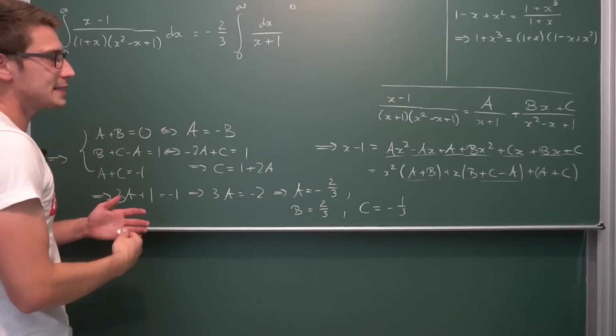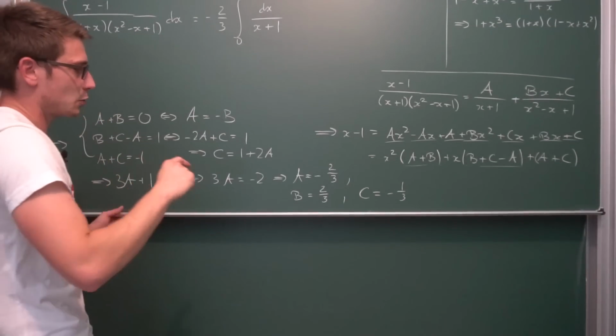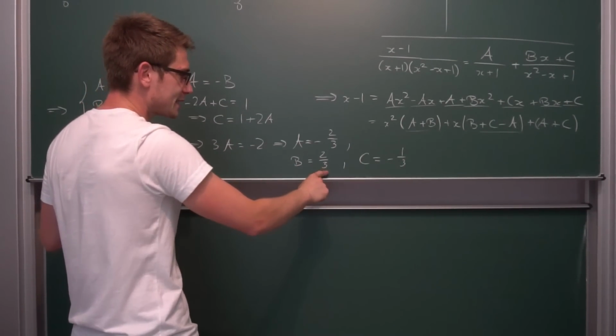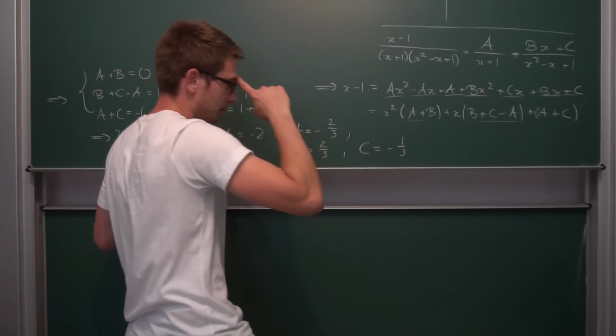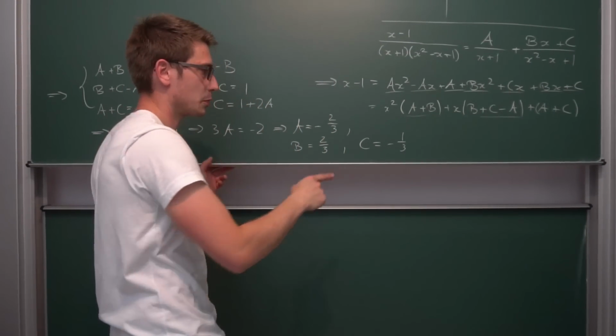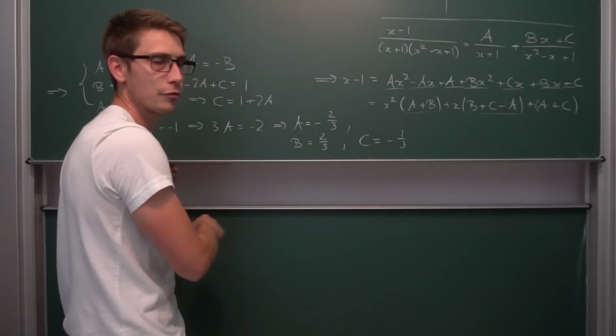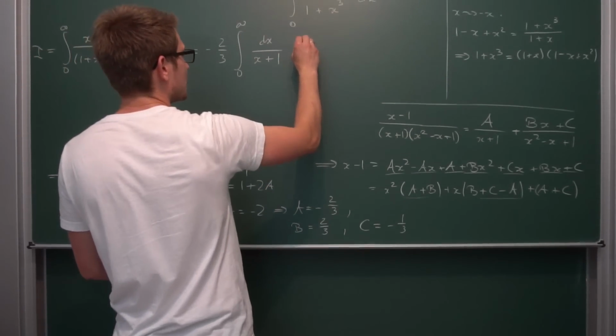And also what we get is bx plus c, where b is 2/3 and c is negative 1/3. We get a common factor of 1/3. Let us factor this out, bring it to the front.